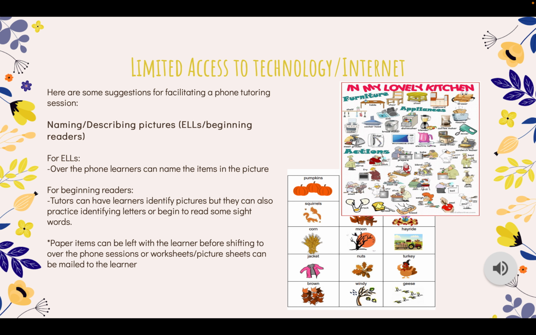For beginning readers, tutors can have learners identify pictures, but they can also practice identifying letters or begin to read some sight words. Paper items can be left with the learner before shifting over to phone sessions, or worksheets or picture sheets can be mailed to the learner.